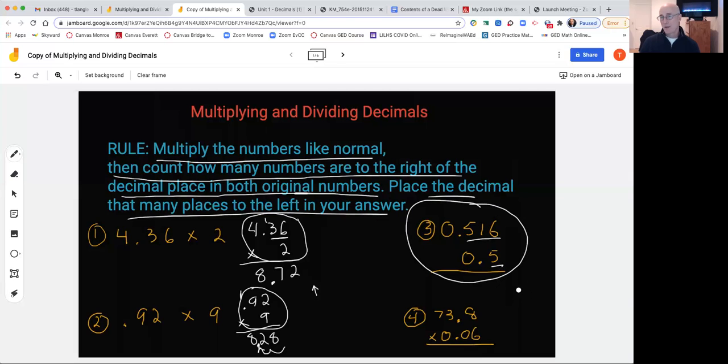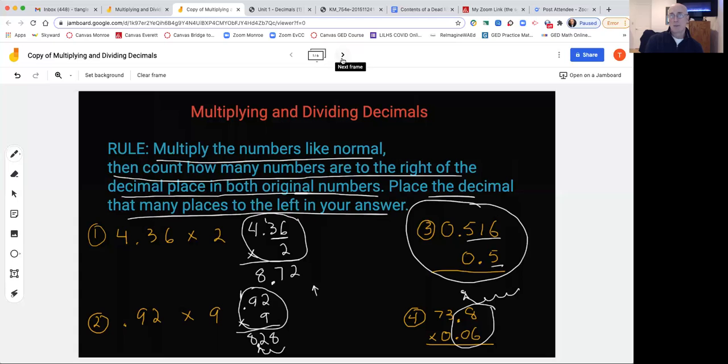Once I've done my math, I'm going to start over on the far right and go 1, 2, 3, 4 places and put that decimal somewhere in my answer. Look at number 4. How many places am I going to have to move my decimal when I'm done doing the math? Look at the whole problem. I see these 3 numbers here are all to the right, so I'm going to move it 3 places.